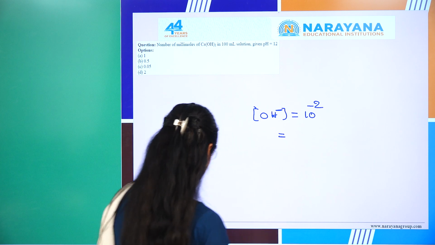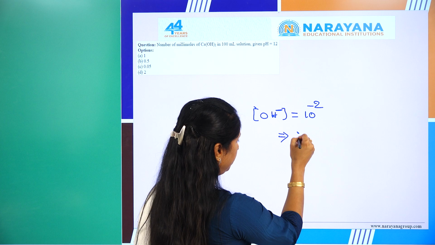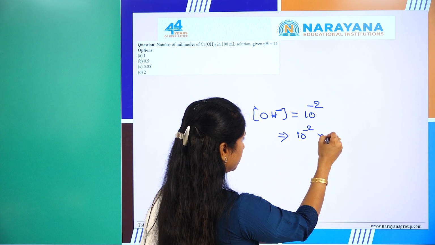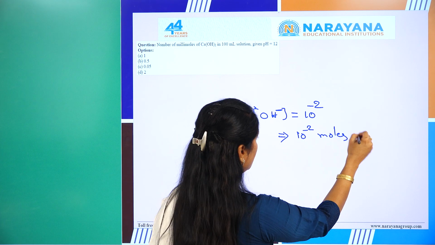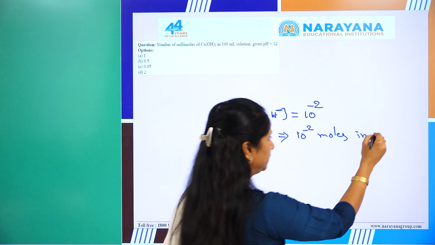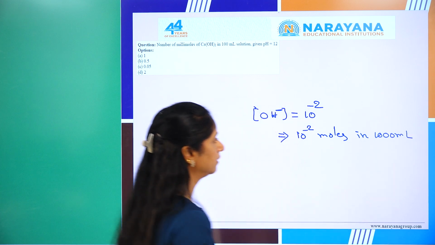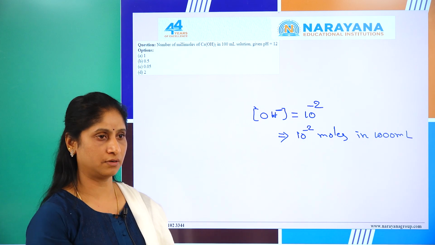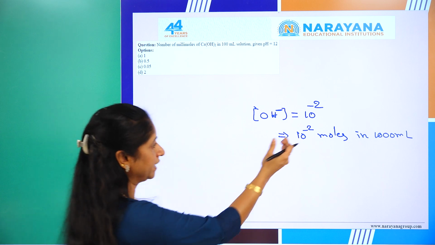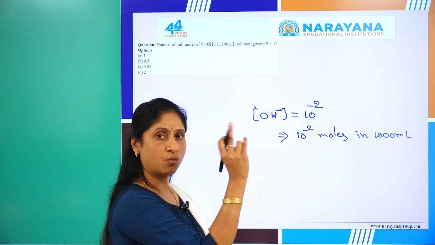So OH minus is 10 power minus 2. What is the meaning of it? I have 10 power minus 2 moles in 1 liter of aqueous solution, that is, in 1000 ml of the solution. But they are asking about millimoles. 10 power minus 3 moles is 1 millimole.